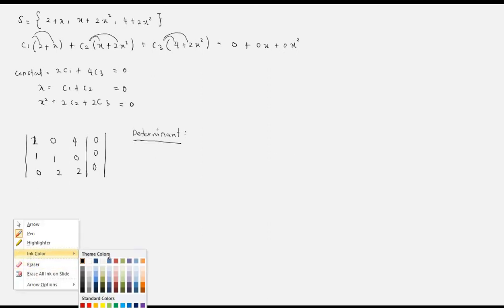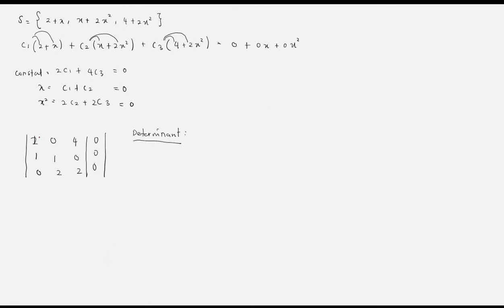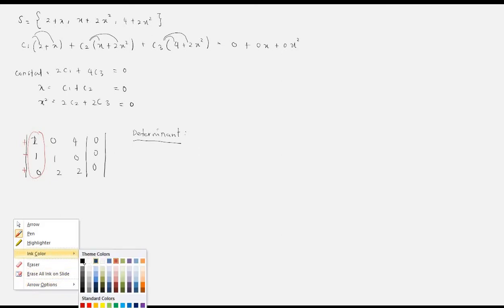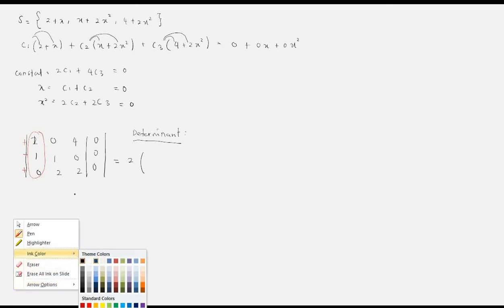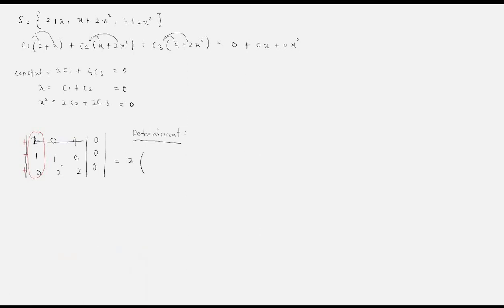I choose the first column. The signs are positive, negative, and positive. Positive 2, and for 2 we eliminate the first row, so we take 1 0 2 2, and then minus 1.